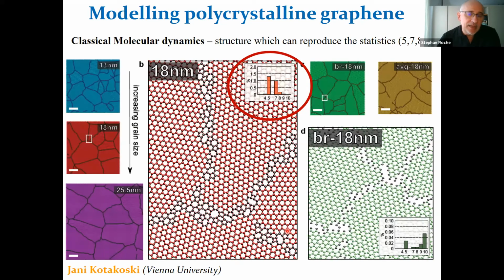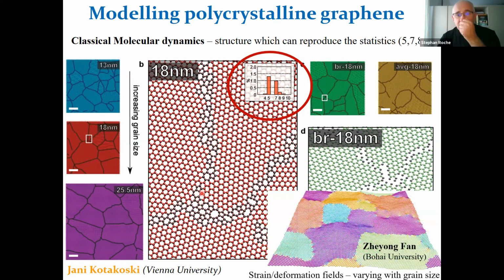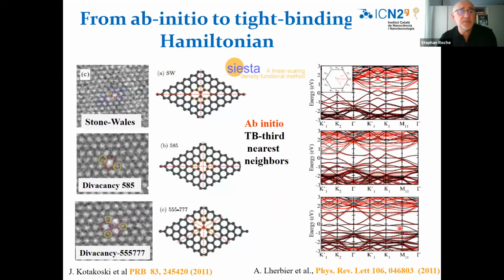You need to elaborate models that can be done using molecular dynamics. So here you see a set of samples with increasing average grain size. And then also you have to take into account the fact that there could be some out-of-plane deformation.